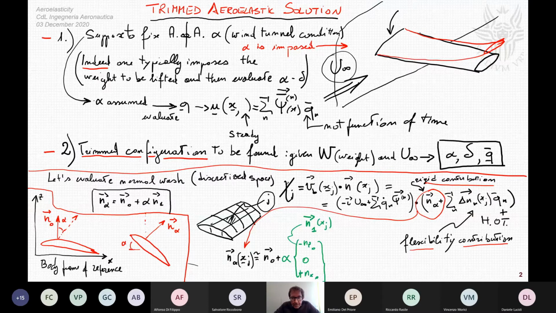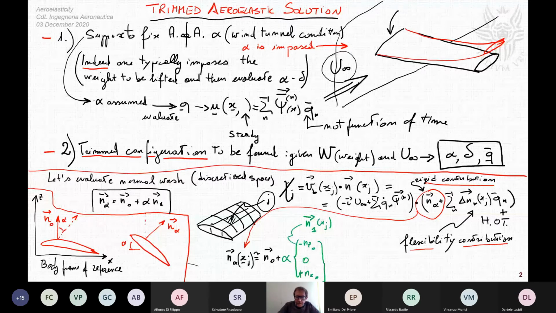And as a second step, we have considered the aircraft as a free body, and we consider the weight of the aircraft as assigned, and then see what happens by imposing that the vertical velocity of the aircraft be zero, in the sense that we want the aircraft to be trimmed vertically.